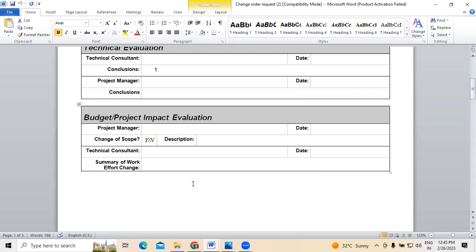If it happens, whatever scope we have identified and defined will also deviate. So whether it will impact the scope has to be identified by the project management team. Followed by this, the budget is impacted. Manpower increases, so automatically the budget will also be impacted. So budget impact evaluation has to be made.